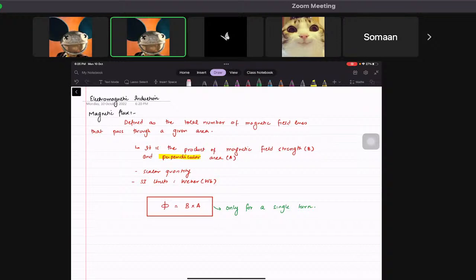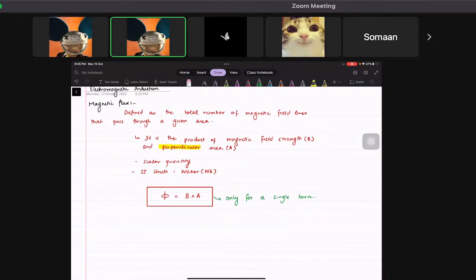Now the next thing they're going to ask you, and this is a commonly asked definition, is to define the Tesla. Whenever this comes, just remember the formula first: magnetic flux over area is magnetic field strength.